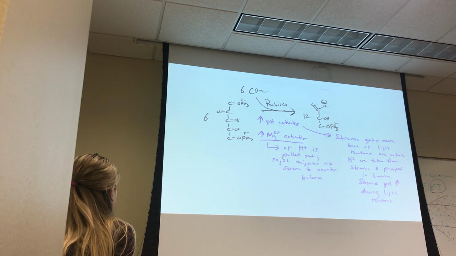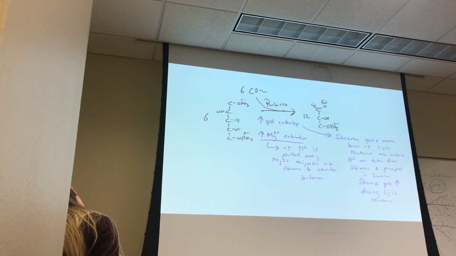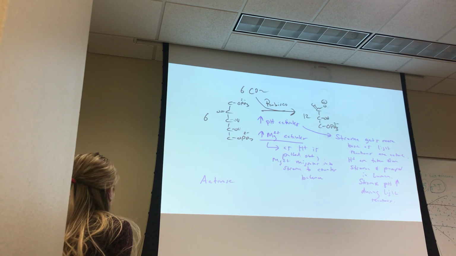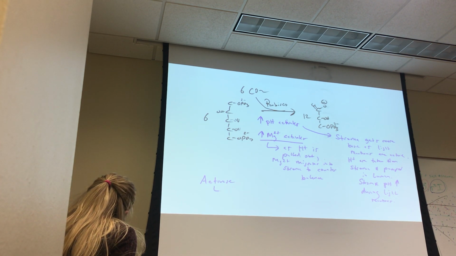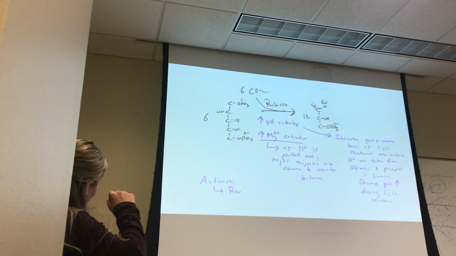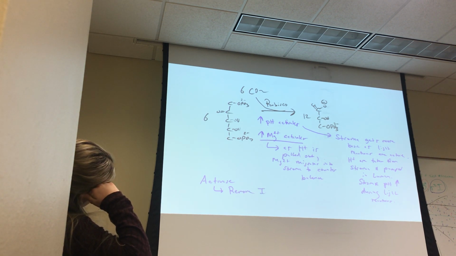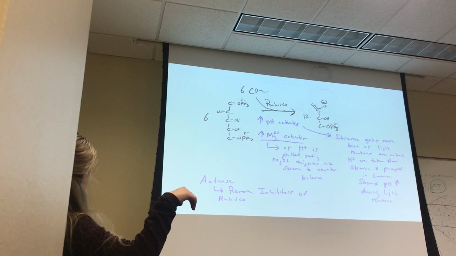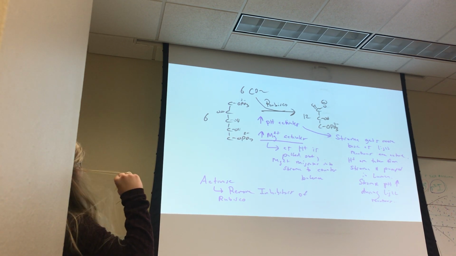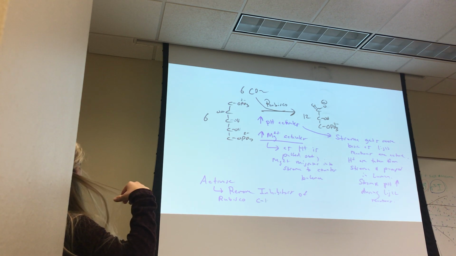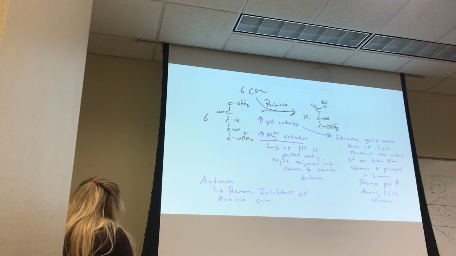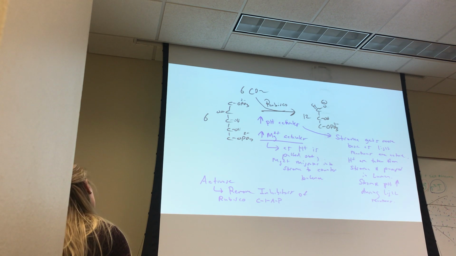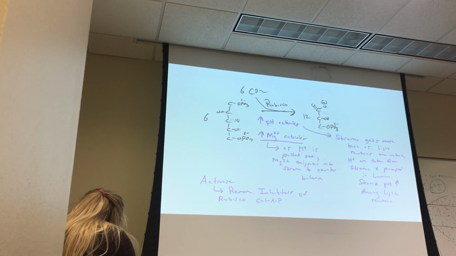Okay. The other thing that happens here that activates this is there is an enzyme called activase. Okay? Activase helps remove inhibitors of Rubisco. And there are actually several inhibitors of this, but the one we talked about was the CA1P, I think is what it's called. That's one of them.